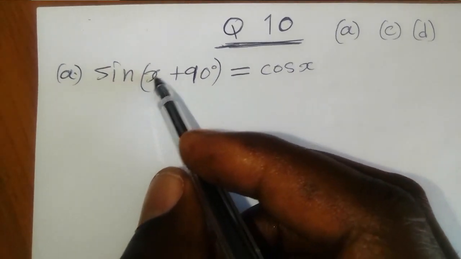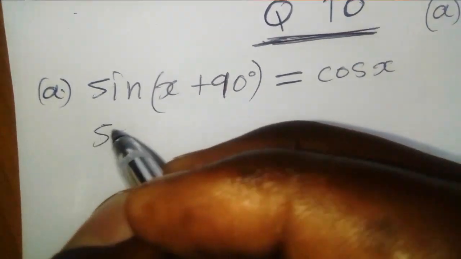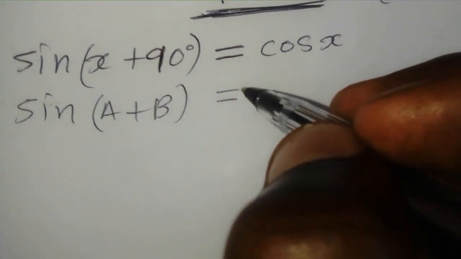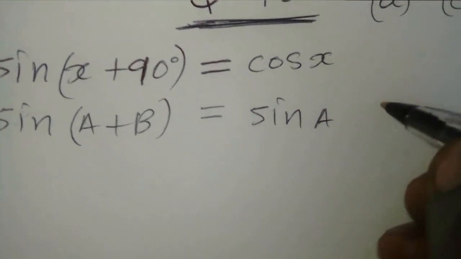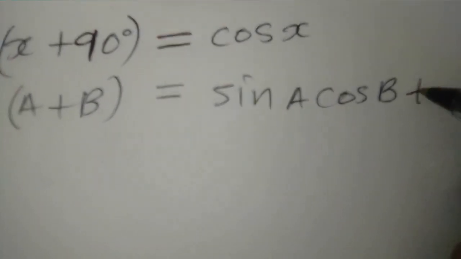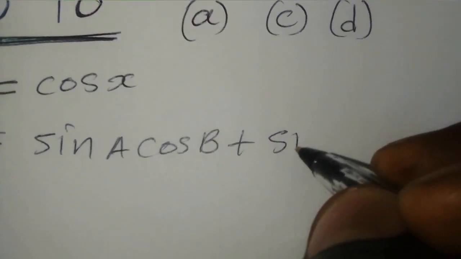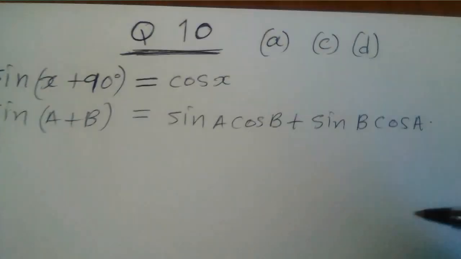So the identity for sine, let me just write it like this: sine a plus b is just equal to sine a cos b plus sine b cos a.